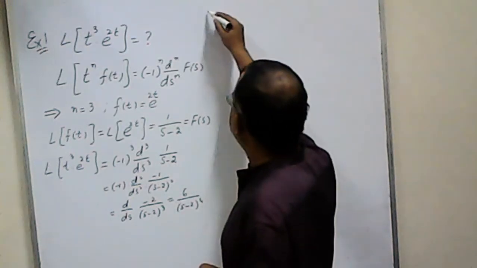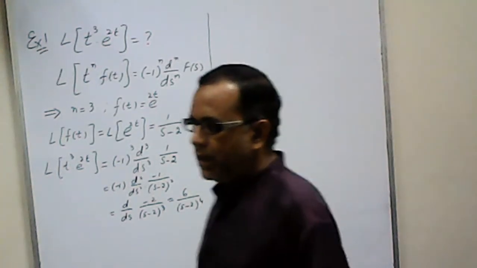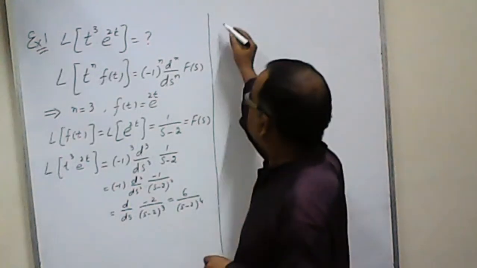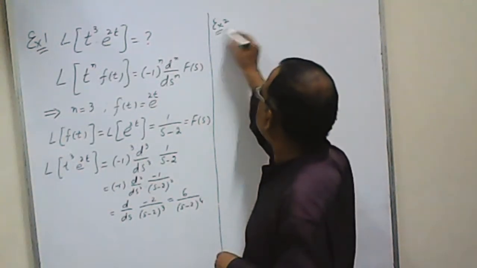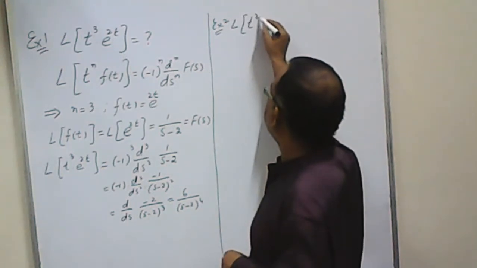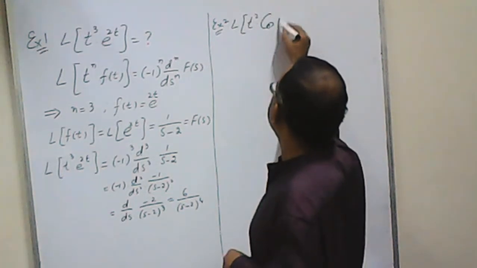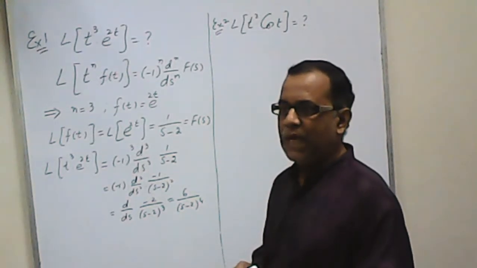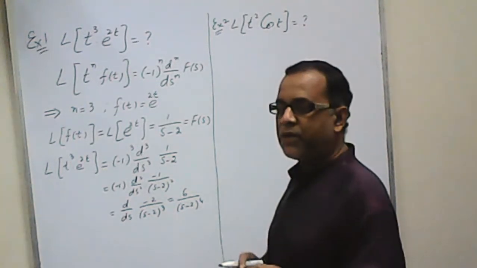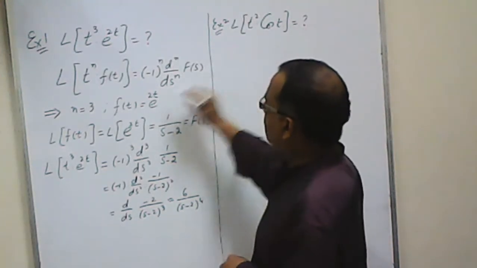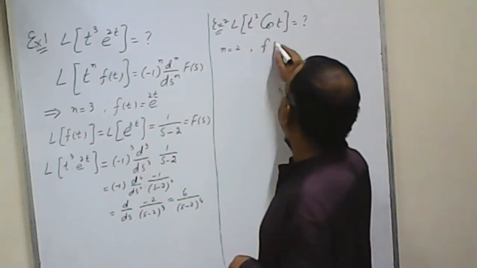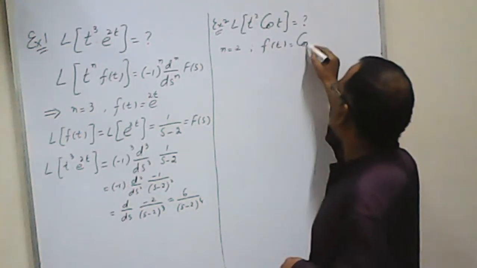So let me take another example. Example 2 is like that: find the Laplace of t square into cos t. We have a product of t into a trigonometric function. So again, if you compare these, n will be equal to 2 in this case, and function of t is equal to cos t.